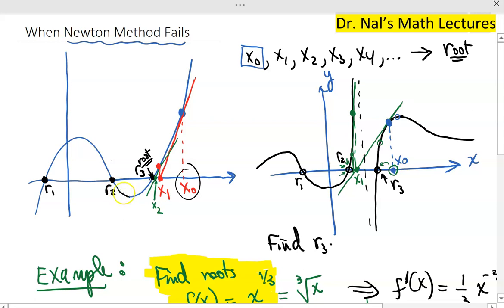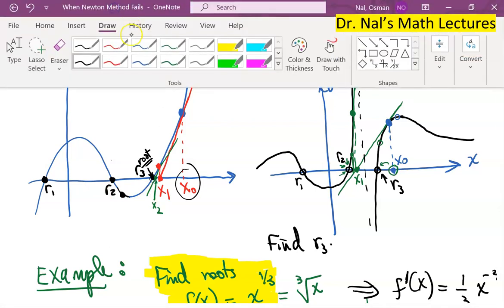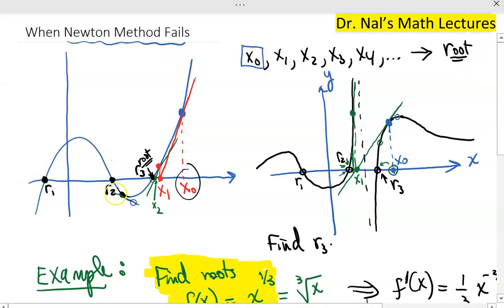Let me give you guys an example. Suppose that I start at this point, and after drawing the tangent line, suppose that's where the tangent line hits the axis. So this is your starting point, x0 tilde, and then x1 tilde, and then guess what happens?